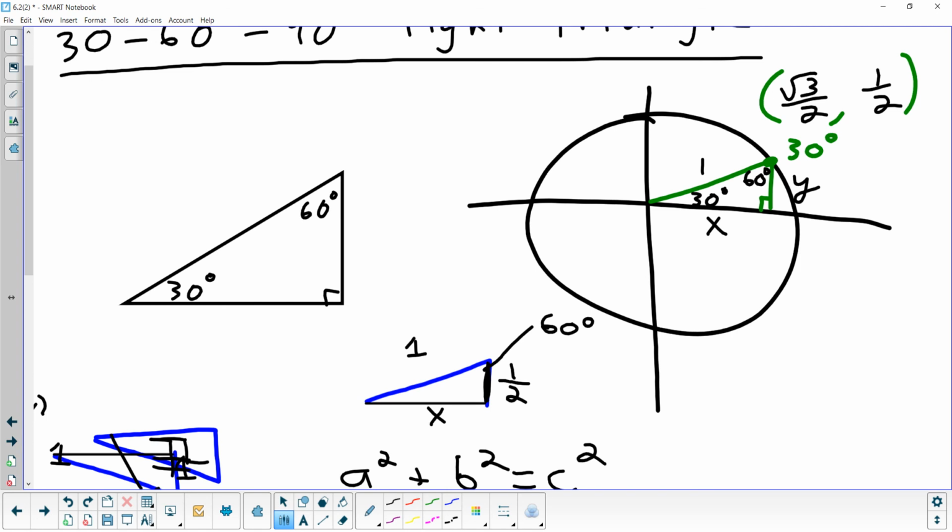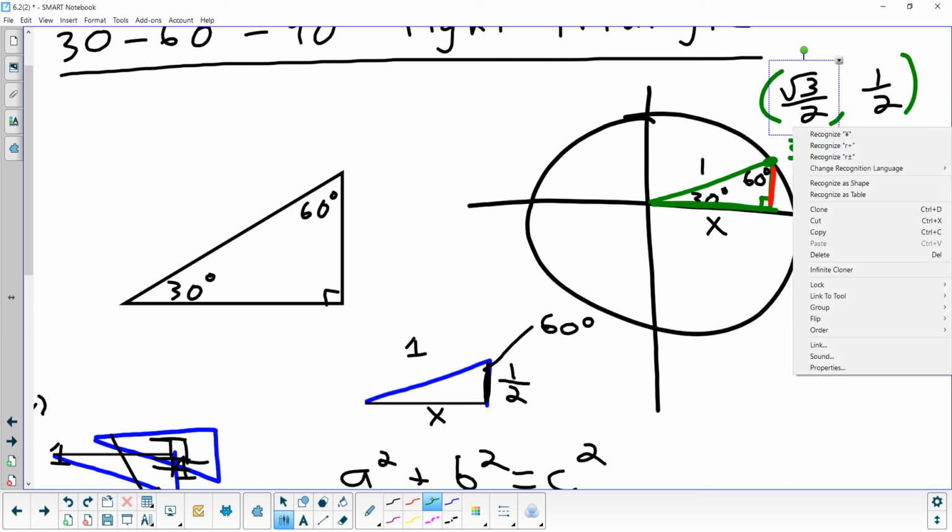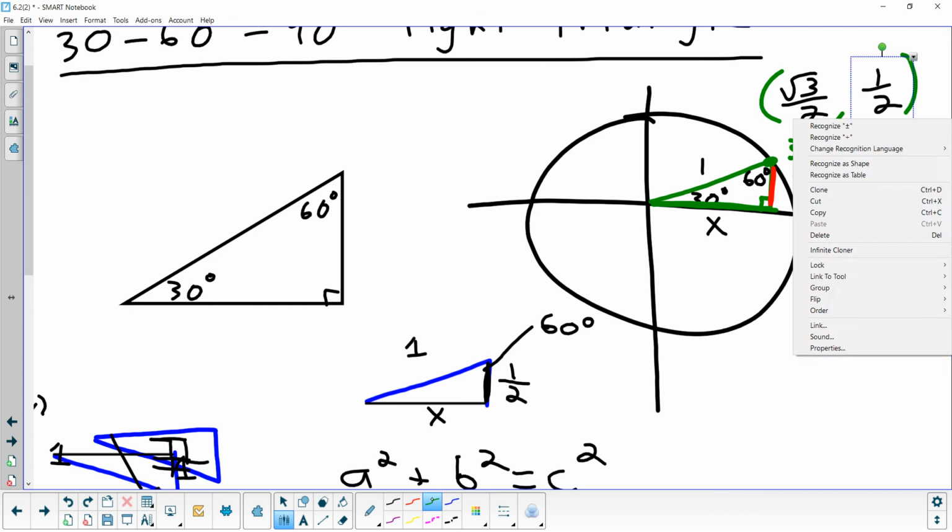So in the 30, 60, 90, you always have one side that is shorter, and then you always have another side that is longer. You have two numbers, root 3 over 2 and 1/2. If you change those to decimals, root 3 over 2 is about 0.866. 1/2 is 0.5.